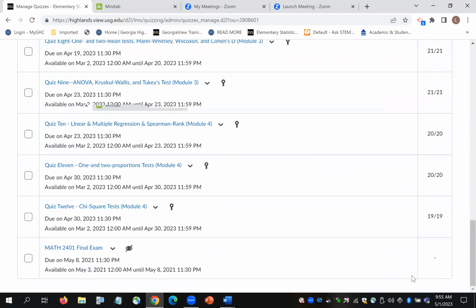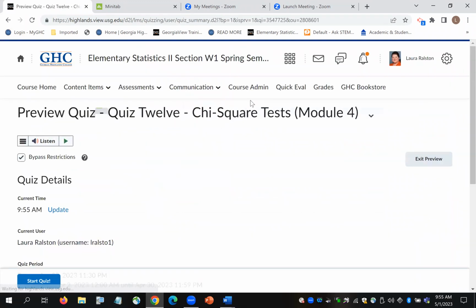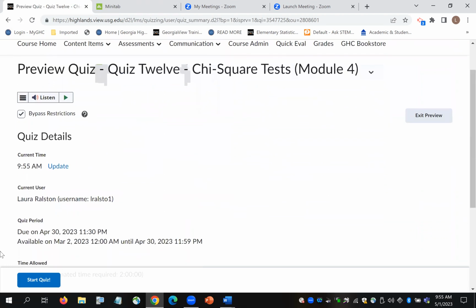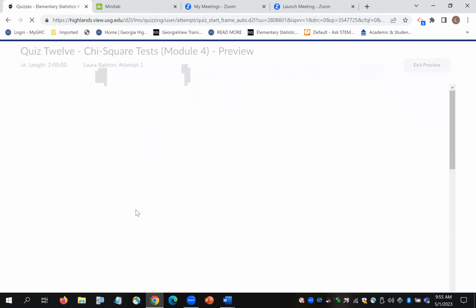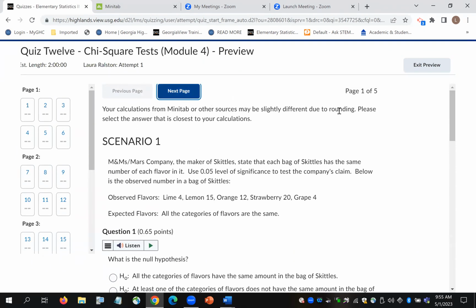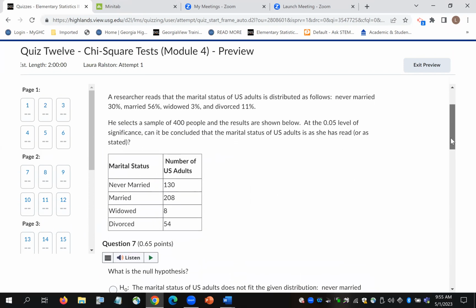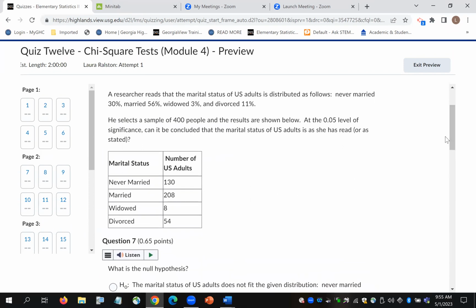Okay, I'm gonna open up quiz 12 in my preview mode. And I'm gonna scroll down or go over to scenario 2 to start. Okay, it says a researcher reads that the marital status of U.S. adults is distributed as follows. Never married is 30%.